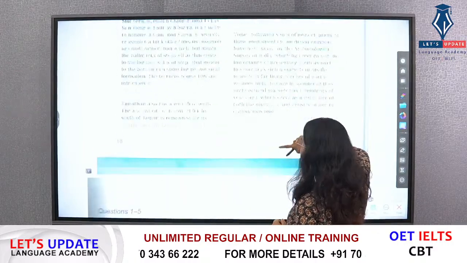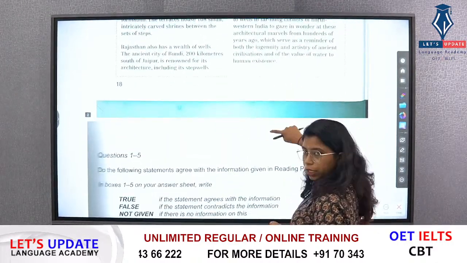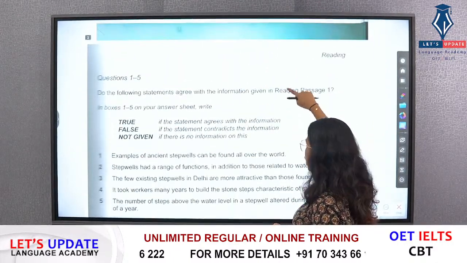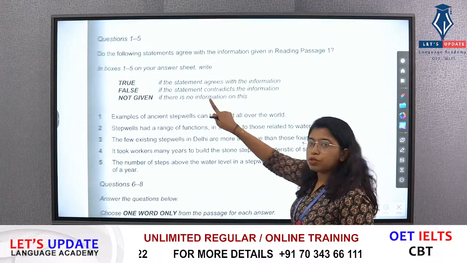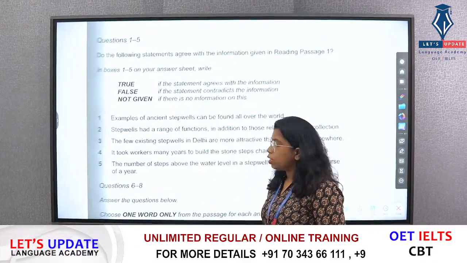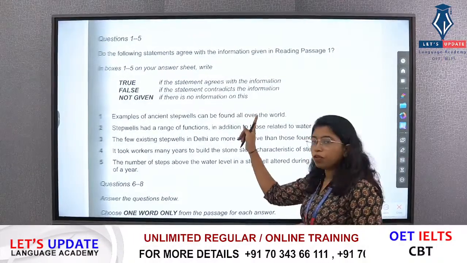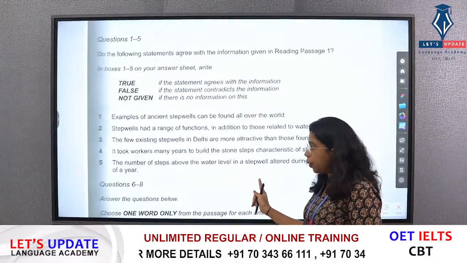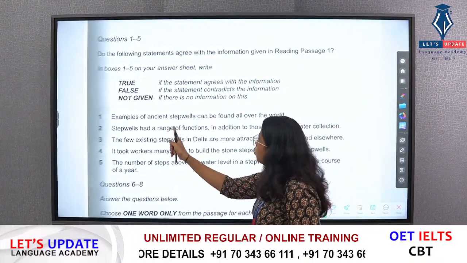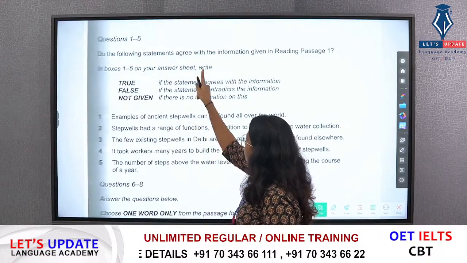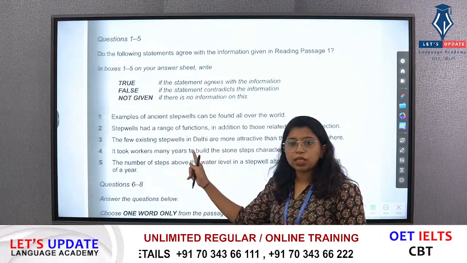First I'll read the questions, and before that I'll explain what True, False, Not Given questions are. Here you can see there are 5 statements given, and you have to identify whether the statement agrees with the passage or not.